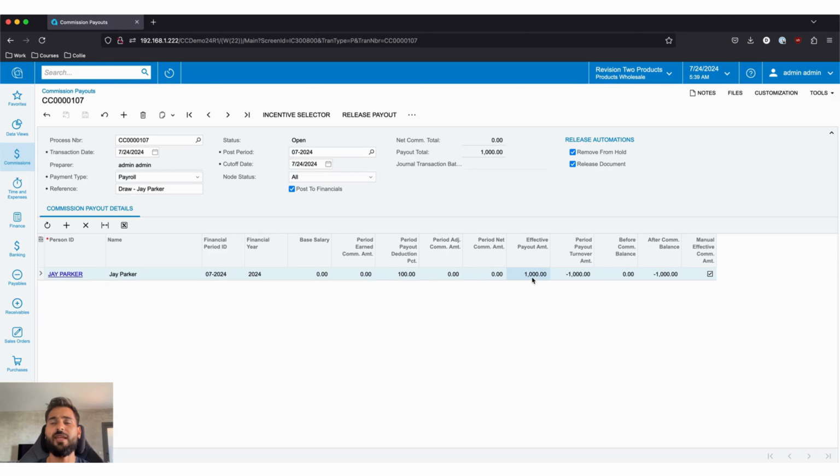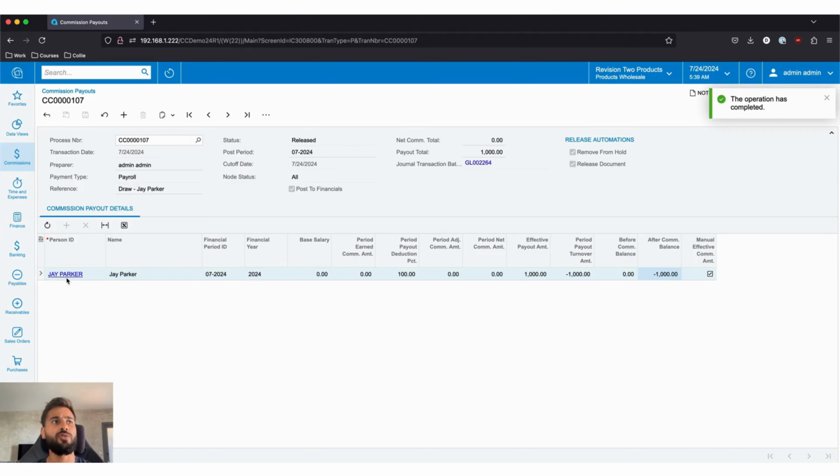So we are paying him an amount of money that is not supported by the commissions earned. As a consequence of this, we are going to have this amount of money as a turnover amount. This was the before commission balance. In other words, Jay didn't have a balance before, and now after releasing this payout, he's going to have this new commission balance. I'm going to process this payment, okay, over here.